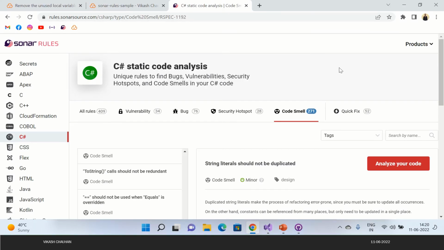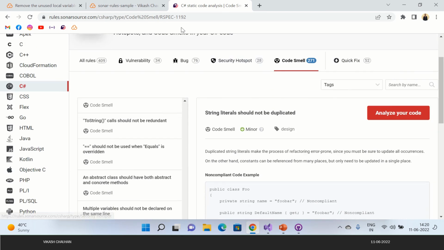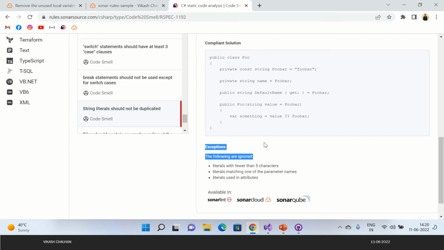Use the Sonar rule related to string literal duplication. This is the rule, RSPEC-1192, and this is the title. There are some exceptions as well, so let me show you those exceptions first. There are some exceptions which are ignored by the SonarQube scanner. What are those exceptions?